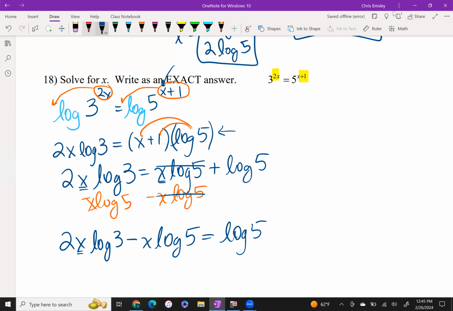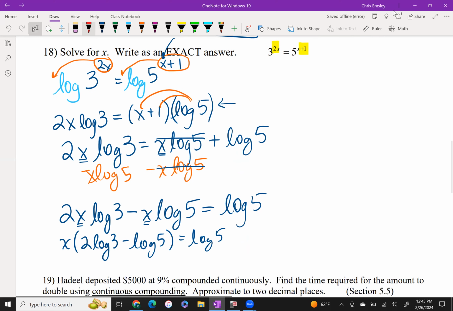Again, keep in mind solving for x, so we now want to factor that x out front, so we have it just in one place. We're solving for x, and we have x times something, so we need to divide both sides by that thing.